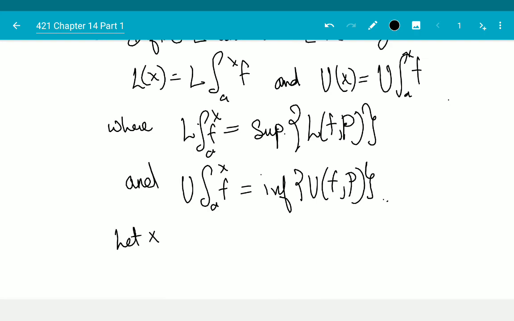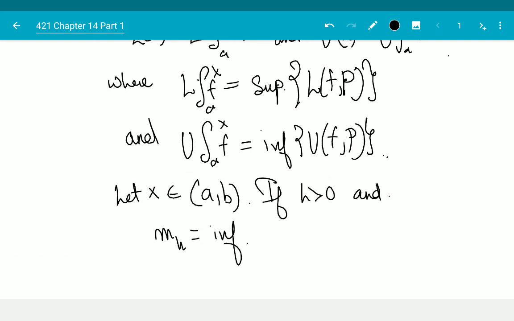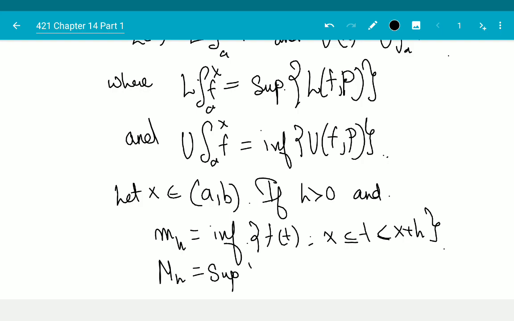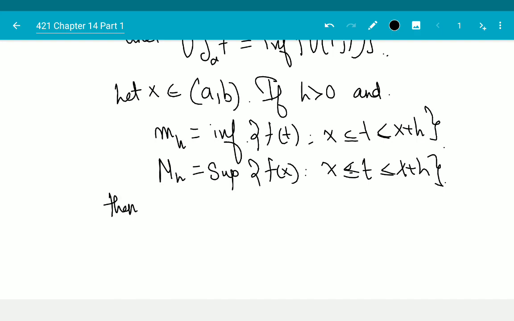So let x belong to a to b. If h is greater than 0, I'm going to define small m of h as the infimum of f of t, where x is smaller than or equal to t, smaller than or equal to x plus h, and capital M of h as the supremum of f of t over the same range. If h is smaller than 0, precisely the same argument happens, as we have shown similarly before.